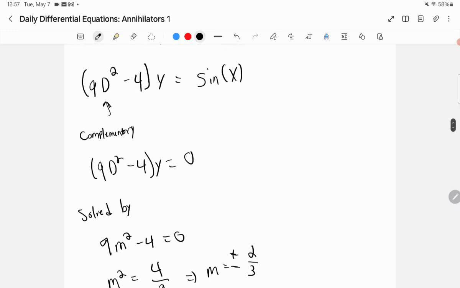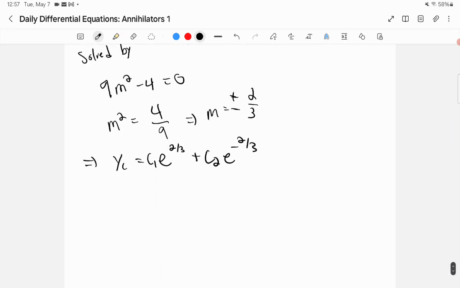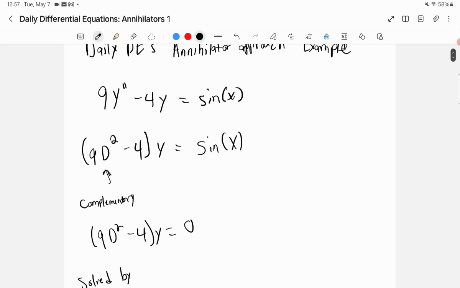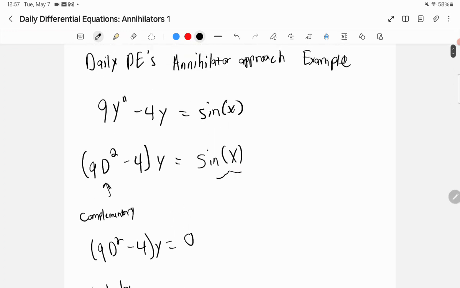However, the idea behind the annihilator approach is that we want to make the right hand side go to 0 using an operator that makes this go to 0.